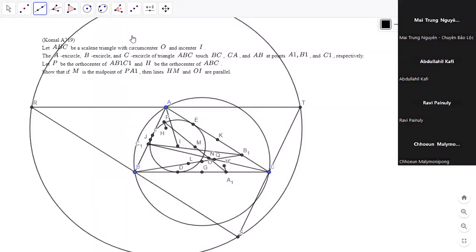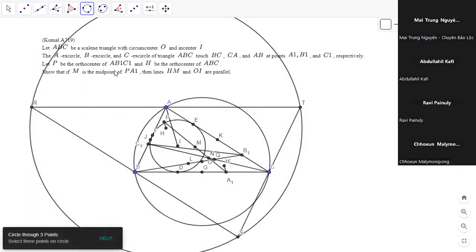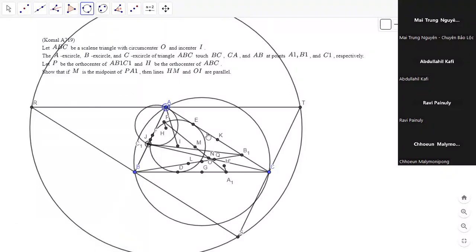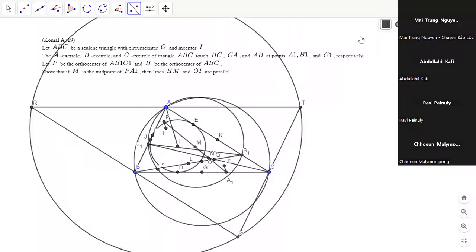What if we reflect P about B1C1? So it would lie on this circle. I wonder what the center of the circle is.